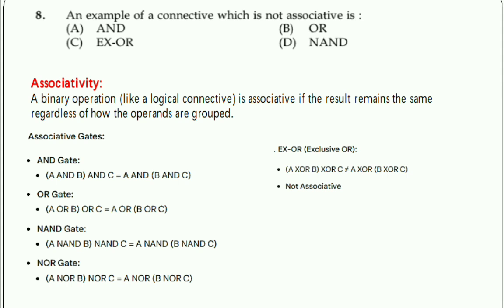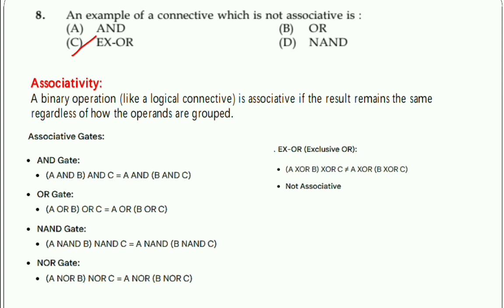In the OR gate also it is the same. For NAND gate also it is the same, and for NOR gate also. But for XOR gate it is different. So A XOR B XOR C is not equal under different grouping. That's why the correct option is XOR connective. It is not following the associative property.